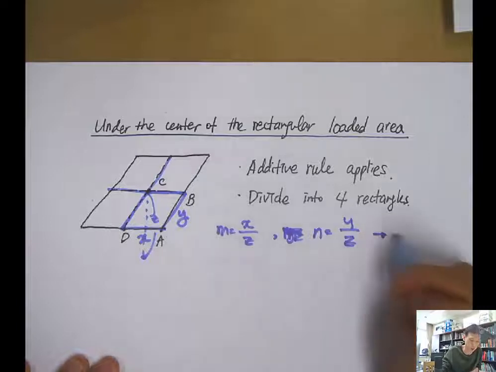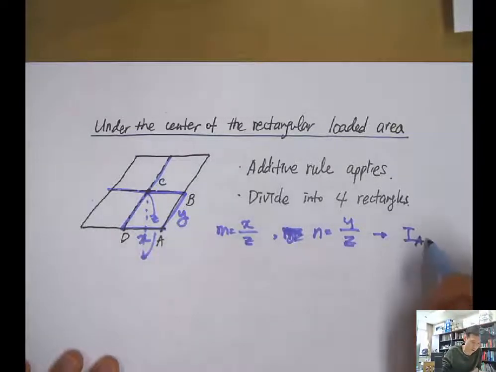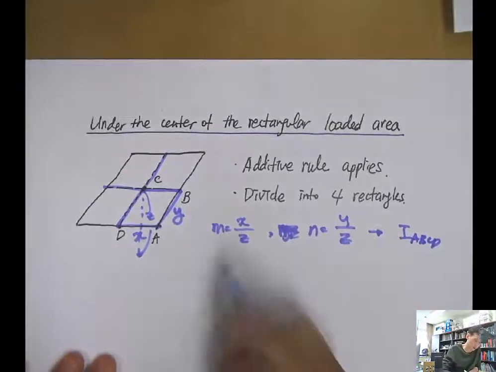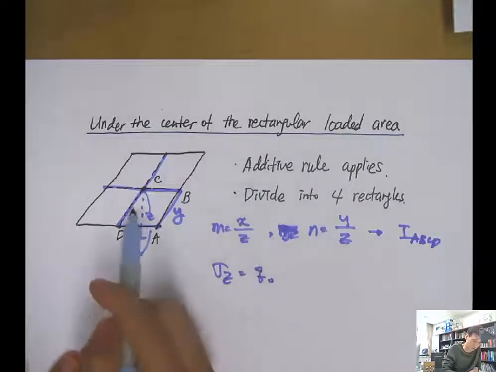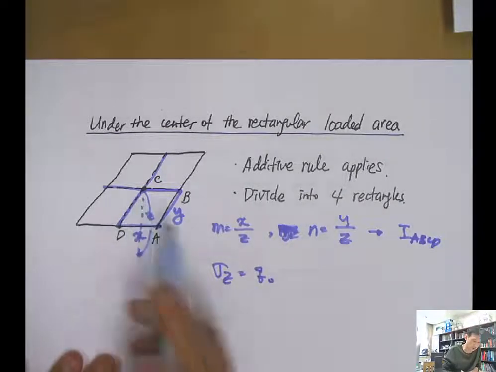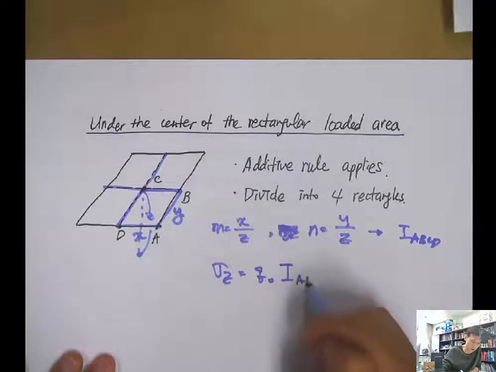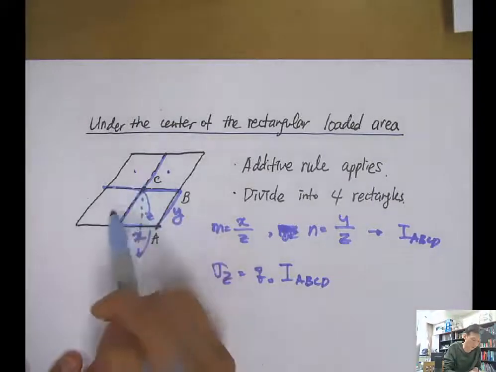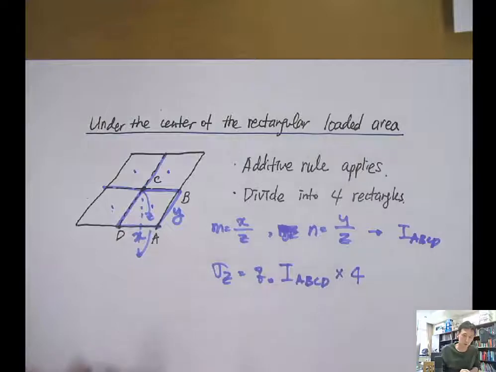Then you get the I for the rectangle A, B, C, D. Right? So then the stress increase below the center of the rectangular area will be Q naught times I of A, B, C, D. But because we now have the 4 rectangles, we have to multiply by 4.